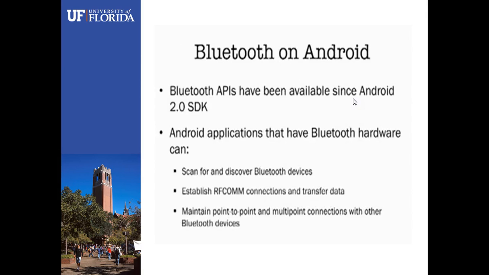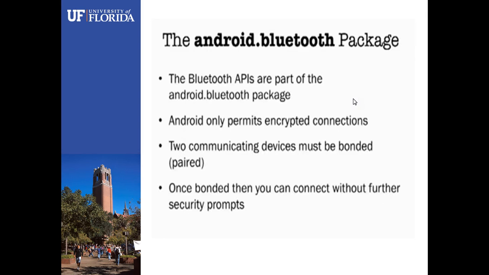Now for Bluetooth on Android, the APIs have been available since the 2.0 SDK, and Android applications that have Bluetooth hardware can scan for and discover Bluetooth devices, establish RFCOMM connections and transfer data, and maintain point-to-point and multi-point connections with other Bluetooth devices.